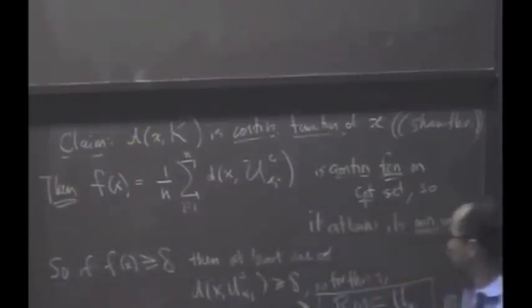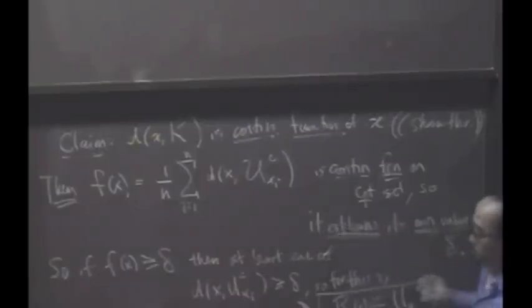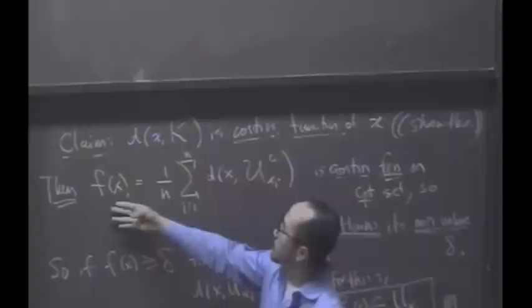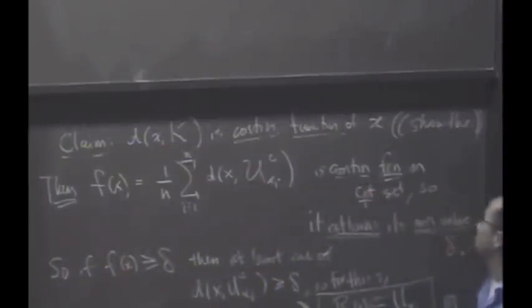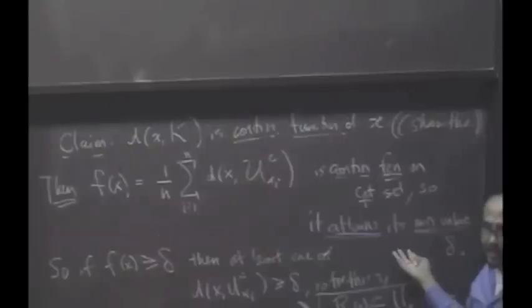And notice we're really using the fact that it attains its minimum value. Because you might worry that maybe this function is bigger than 0, but its infimum is 0. Well, its infimum can't be 0 because this function achieves its minimum somewhere, and that minimum is always bigger than 0.